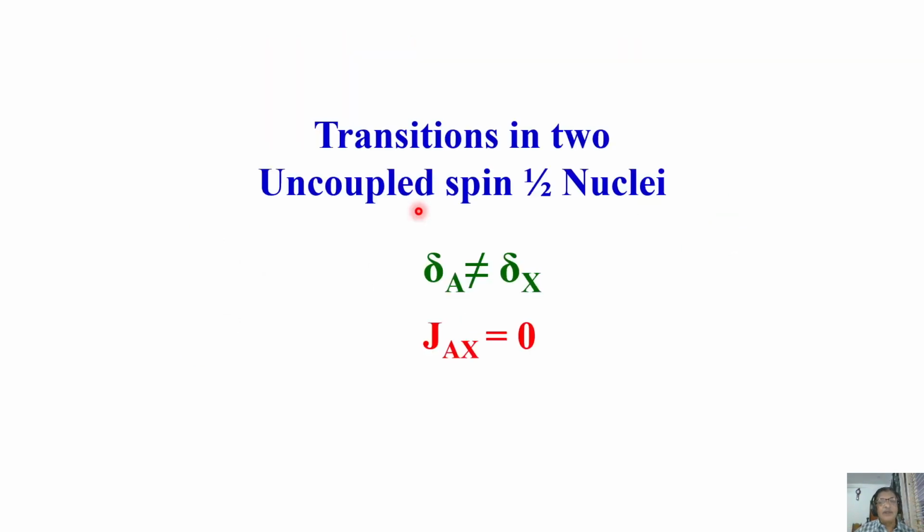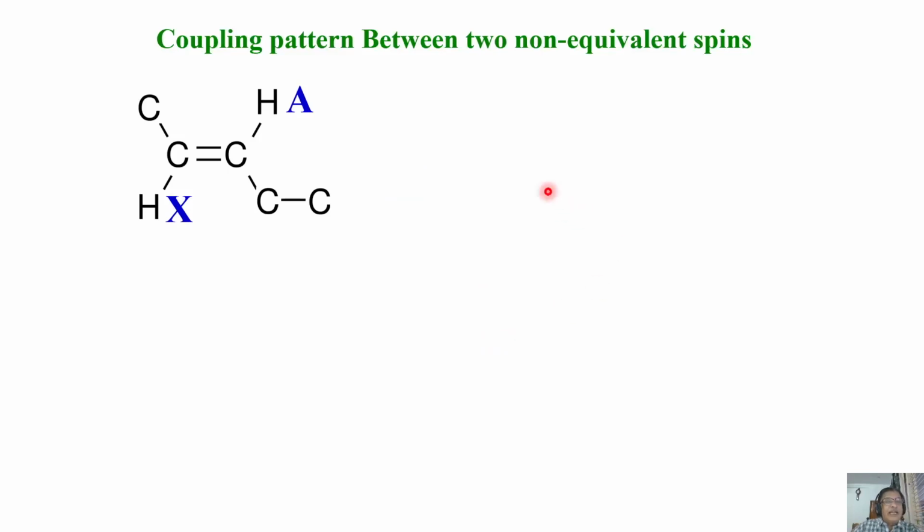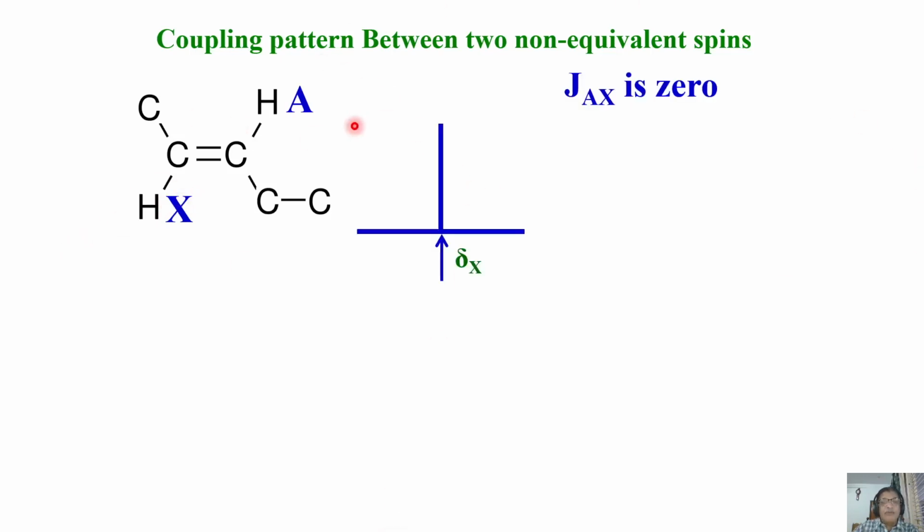That is an example of a transition in an uncoupled spin system. We already discussed the case when JAX is not equal to 0. Now take an example like this: protons A and X, and assume this coupling is 0. When I make JAX 0, what will happen?